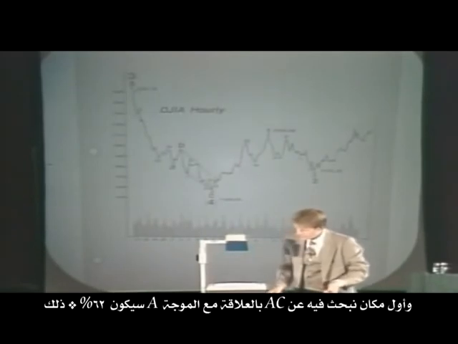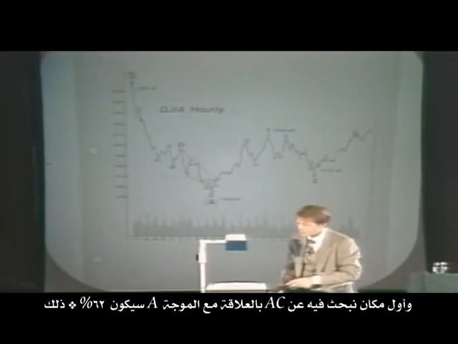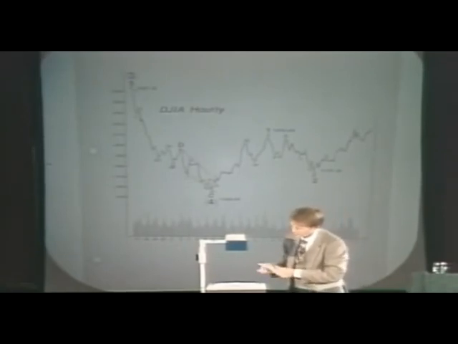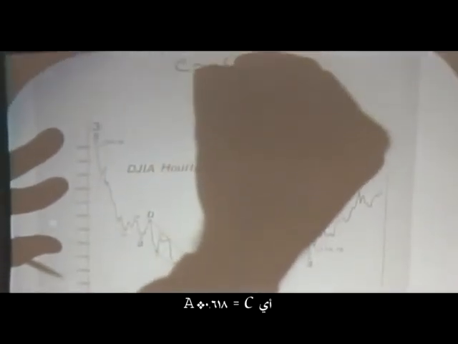In the first place, you would look for a C relative to an A wave would be a 62% multiple of that. So you look at C equals 0.618 times A. And the next place you would expect to look would be C equals A. And after that, C is 1.618 times A, and so on.